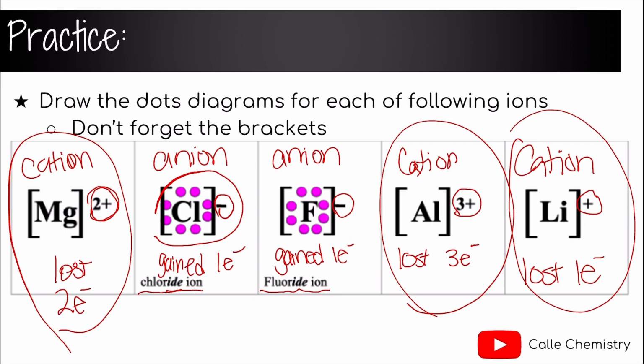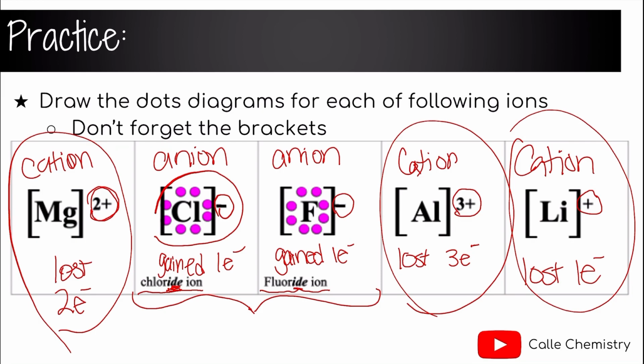So they don't have any dots around them. And now another thing we can note is that the anions, on the other hand, have 8 dots around them. One last thing is that the name for the anion changed, right? The suffix became IDE. But for the cations, it will be the same.